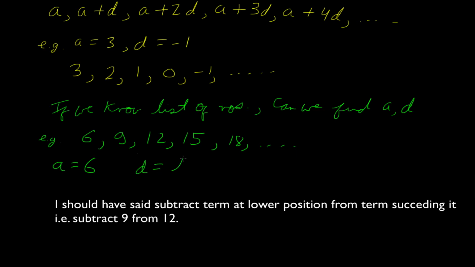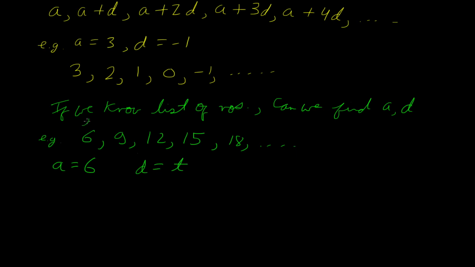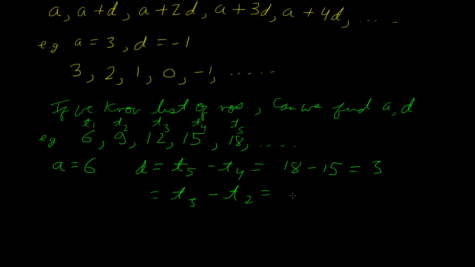Let's say this is T1, this is T2, this is T3, this is T4, T5. So D can be either T5 minus T4, that is 18 minus 15 is equal to 3, or T3 minus T2, 9 minus 6 is equal to 3, or T4 minus T3, that is 15 minus 12 is equal to 3.